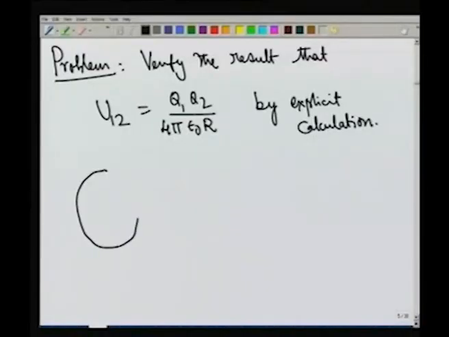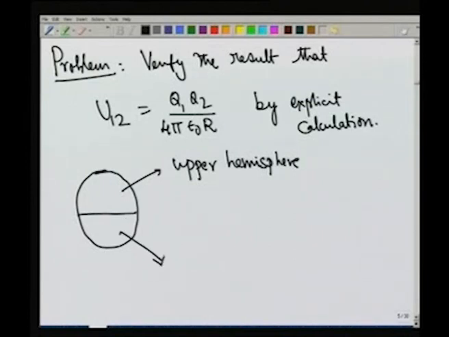The next problem is quite interesting. What I will now do is to again consider a sphere and make a distinction between the upper hemisphere and the lower hemisphere.